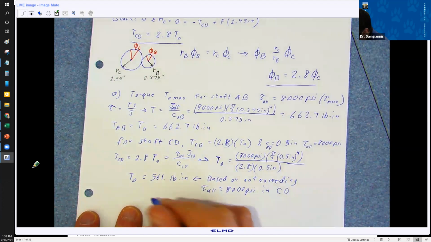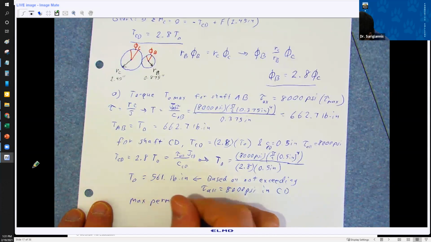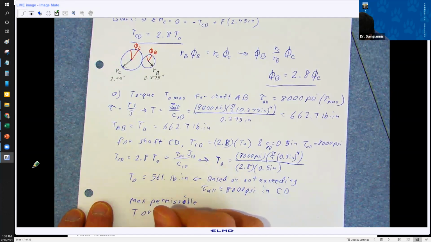So that's the max permissible torque, max permissible, is the smaller value.